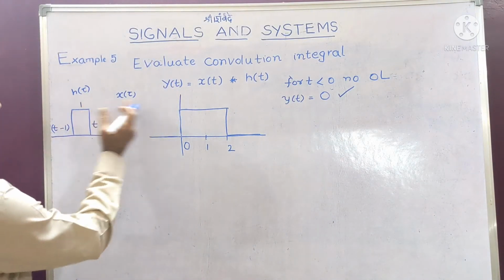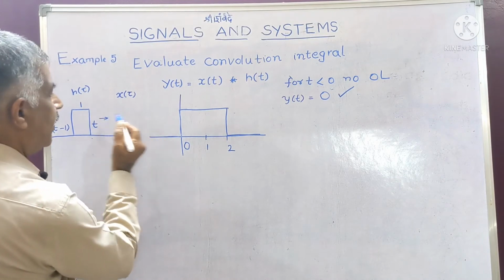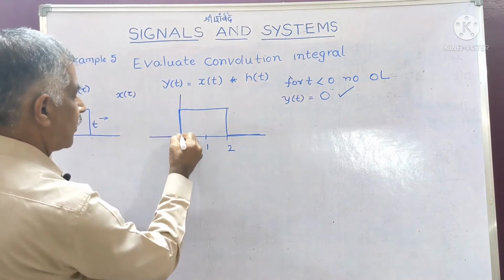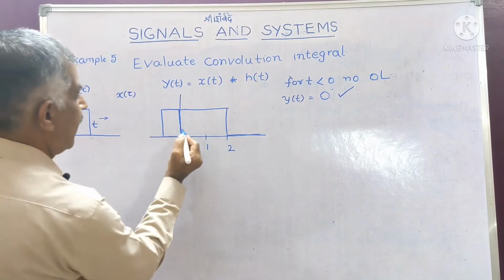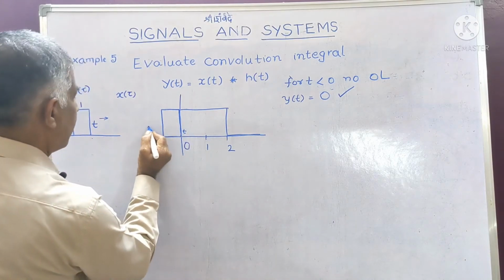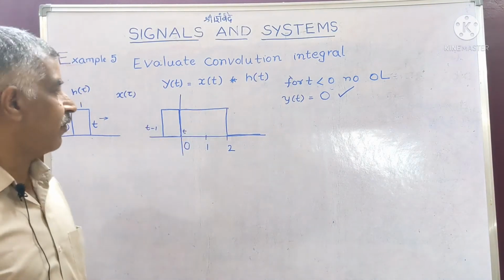Next, now t has to approach this way, and now I will assume that it is standing here, to make entry, or to pass through this bigger waveform.